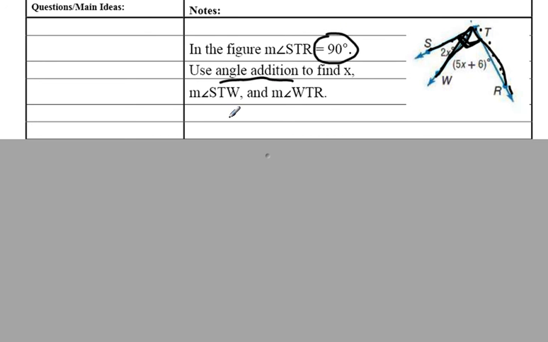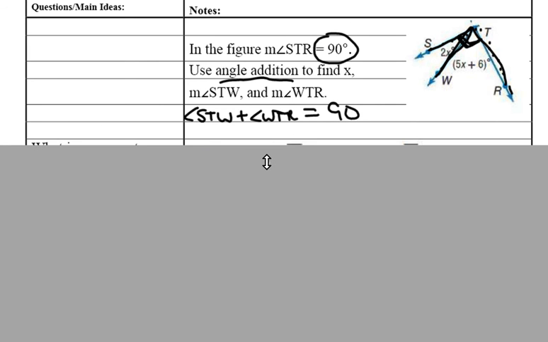So we would set up our equation to say that angle STW plus angle WTR equals STR, S to T to R, which is 90 degrees.